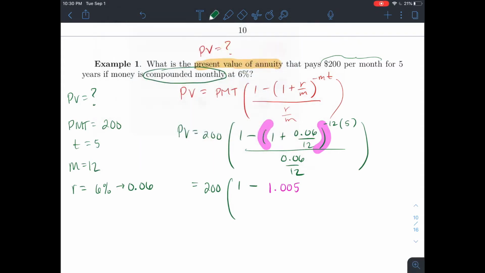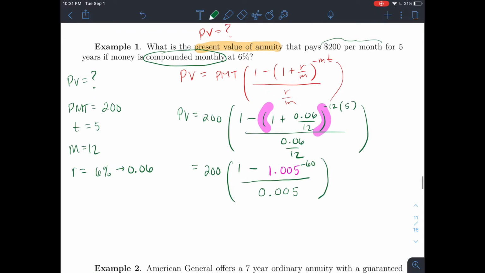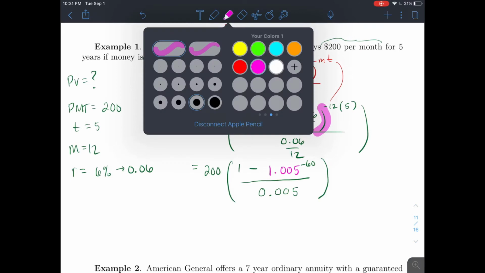And that exponent will be negative 60 power. And that will be all over. And in fact, we can actually reduce the denominator 0.06 divided by 12. That will be 0.005. Alright, now let's reduce this numerator. So we're going to focus in on the numerator.